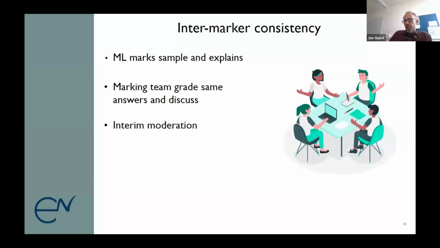But I challenge that a bit, because often with quantitative work, there may be stages to the answers, and you may have to get some agreement about what you do if somebody makes an error early in the calculation, and that error is then carried through, but the methodology using the error is correct, even though it gives the wrong answer.